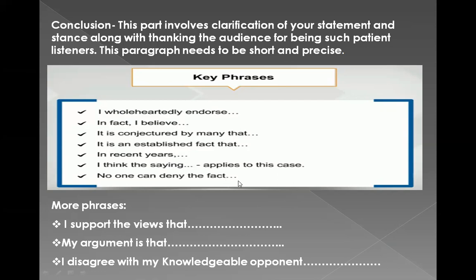There are more phrases which you can use, that is, I support the views that, my argument is that, I disagree with my knowledgeable opponent. Now, when you are contradicting your opponent, you have to be very respectful there. So you can use these phrases instead of calling the name of any particular participant. You can simply say that I disagree with my knowledgeable opponent.